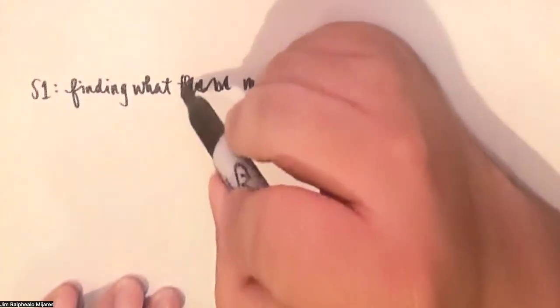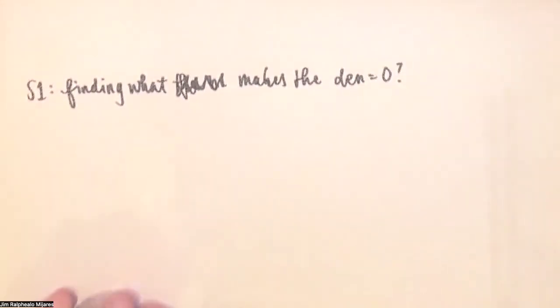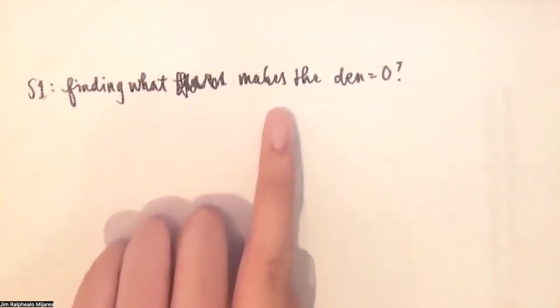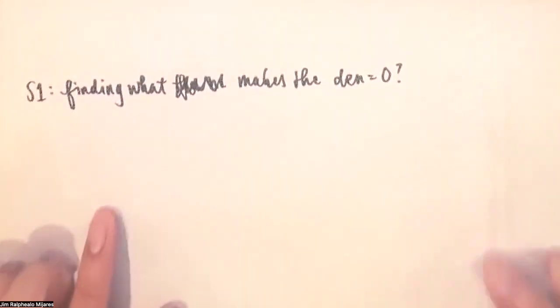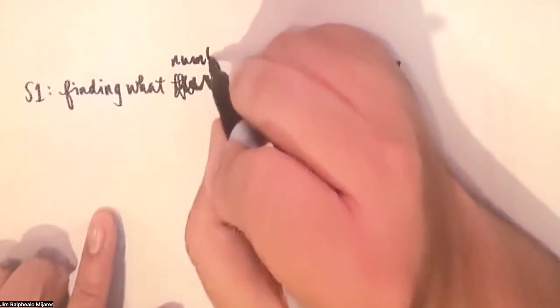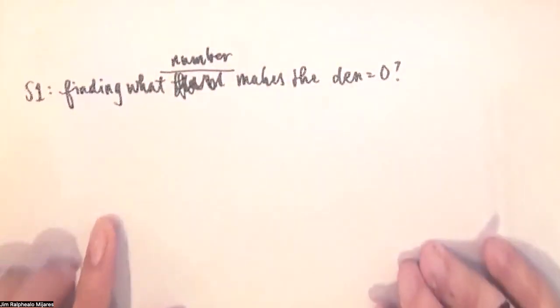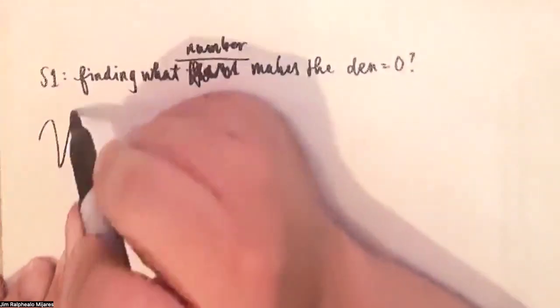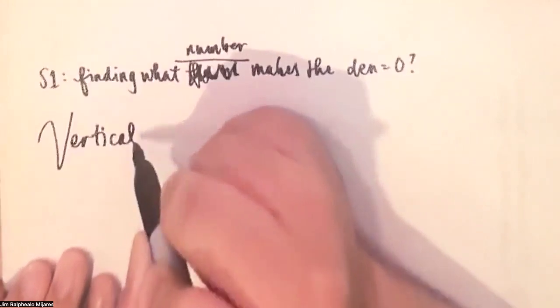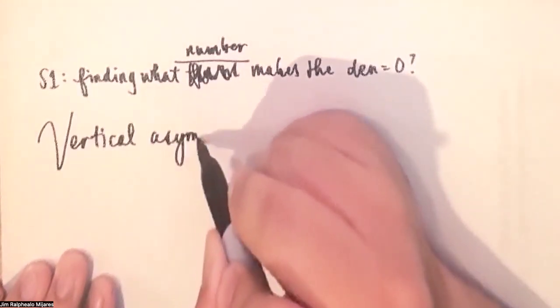This number right here is called the vertical asymptote.